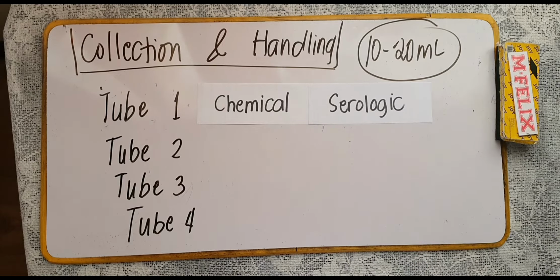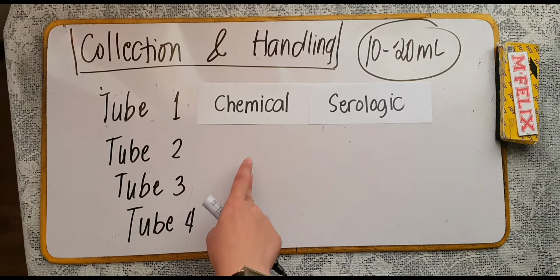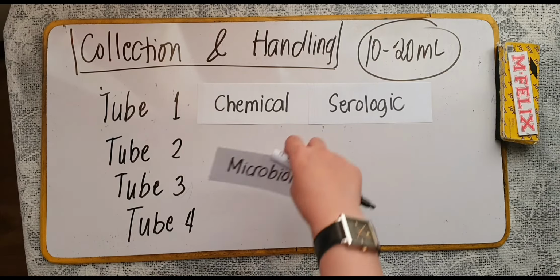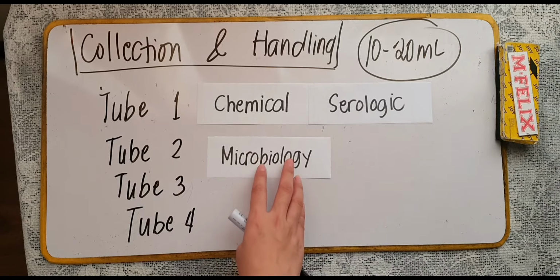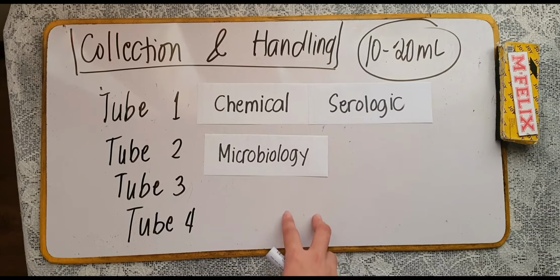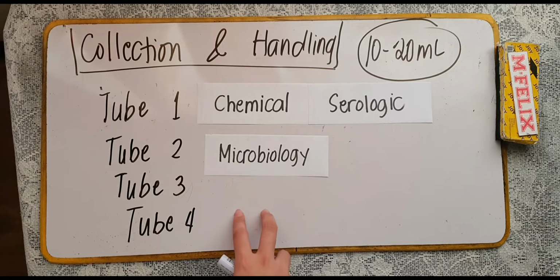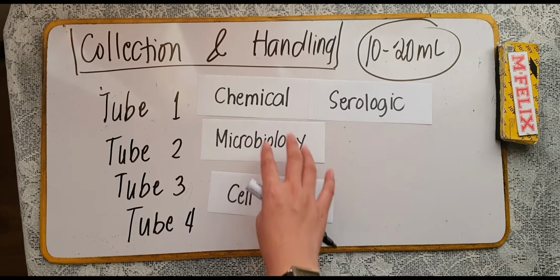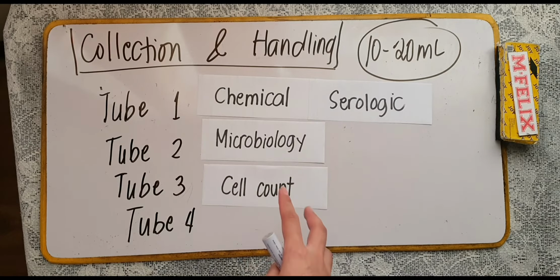And then we have tube 2. Your test tube number 2 naman, it is usually designated for microbiology laboratory, because it is the least likely to contain cells introduced by the spinal tap procedure. Okay? And then your tube 3 naman, it is used for cell count. Usually, mapupunta siya sa hematology for cell count. Okay, now tube 3, because it is the least likely to contain cells introduced by the spinal tap procedure.